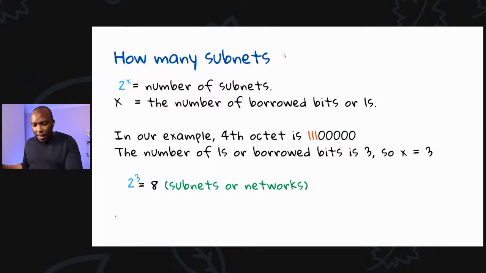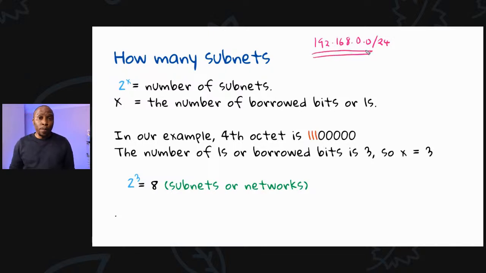And what do I mean by borrowing of bits? So let's take an example. We have a network 192.168.0.0/24. And then your manager comes to you and says, can you please break this network into 4 subnets?